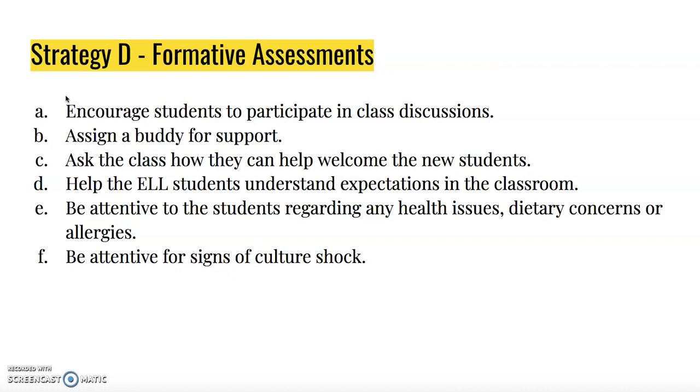The fourth strategy is helping the ELL students understand expectations in the classroom. So students need to know that things are done maybe a little bit differently here than where they come from, and that even though it's okay to make mistakes, they need to understand what those mistakes might be so that they're able to follow suit.